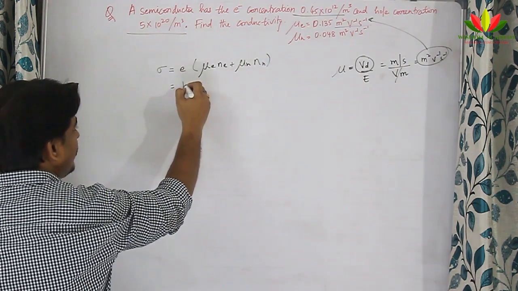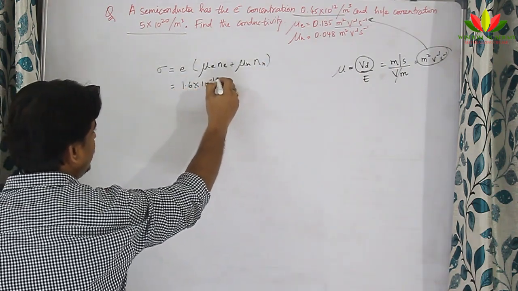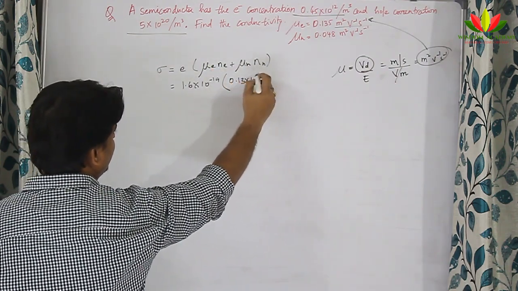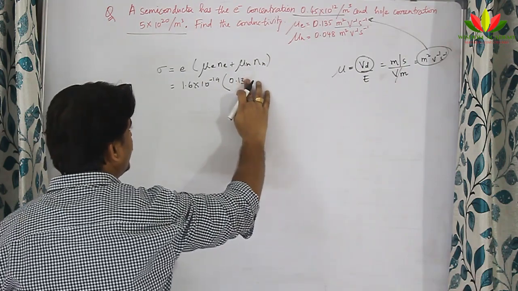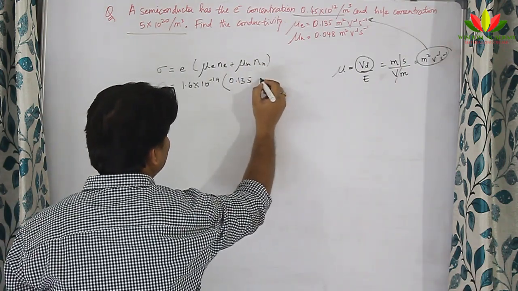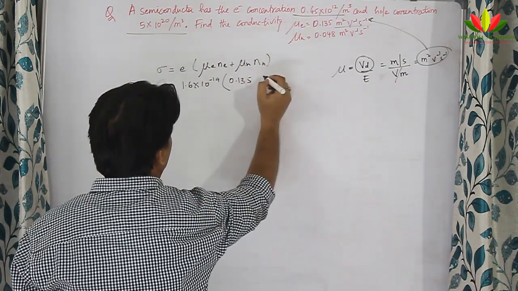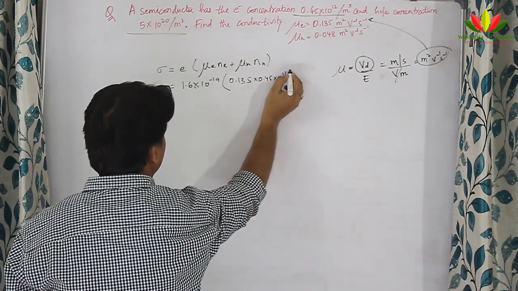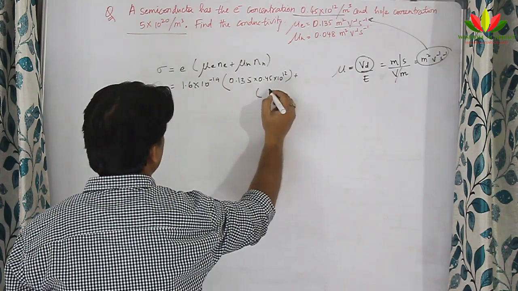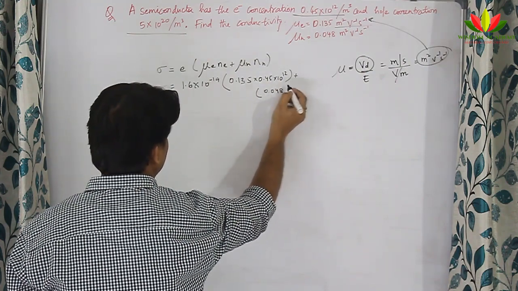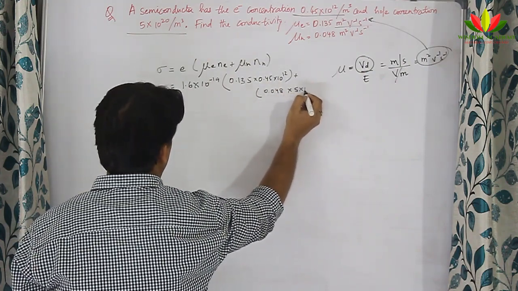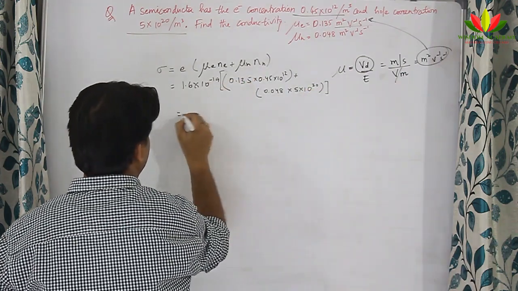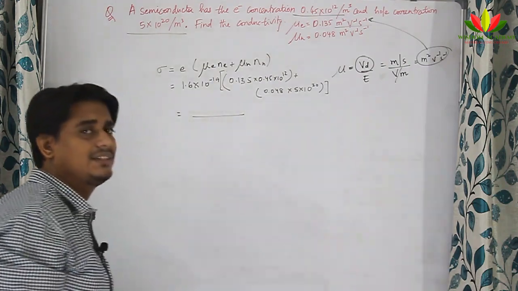So what is E? 1.6 into 10 to the power minus 19 coulomb, and what is the mu E value given? 0.135 alone is given, and Ne, the concentration of electrons, is given as 0.45 into 10 to the power 12, plus mu H is 0.048 into 5 into 10 to the power 20. So if you solve this, that much will be the conductivity.